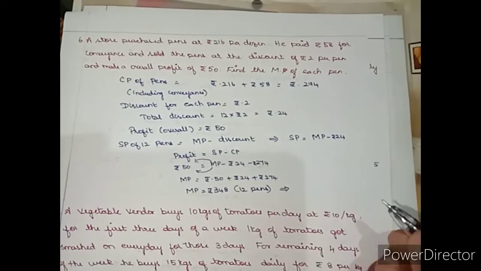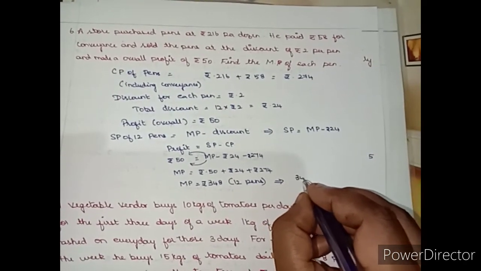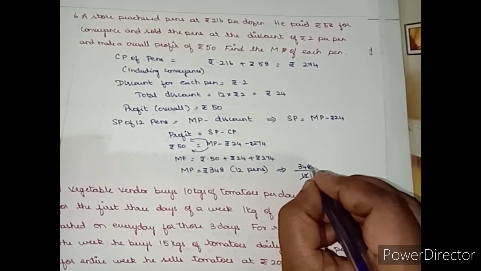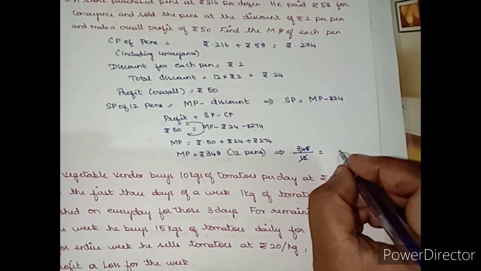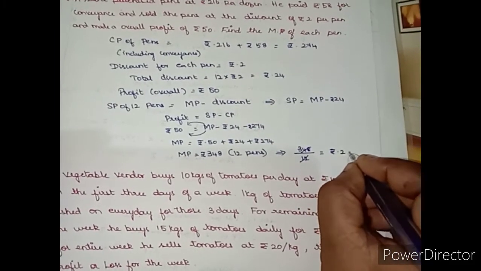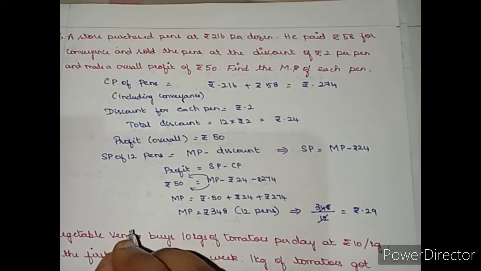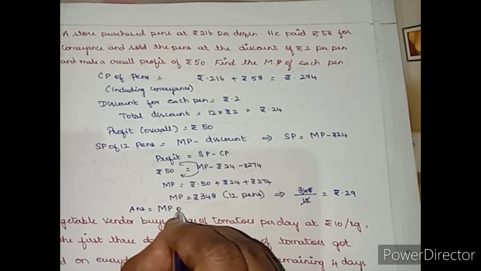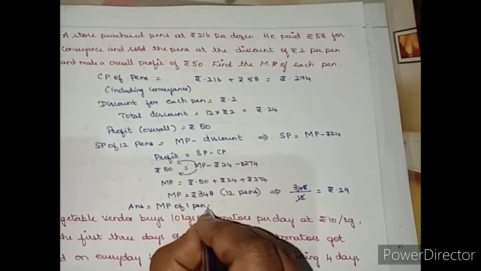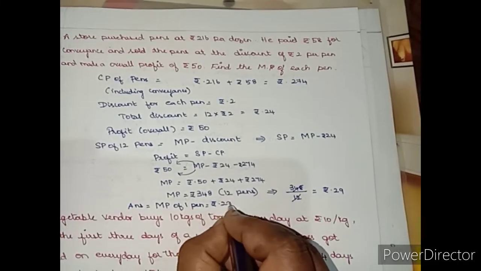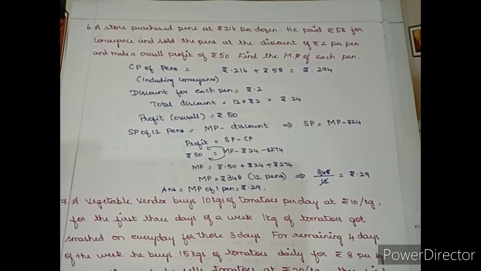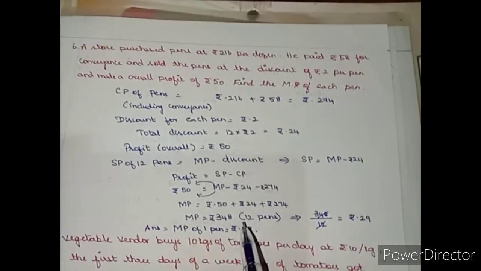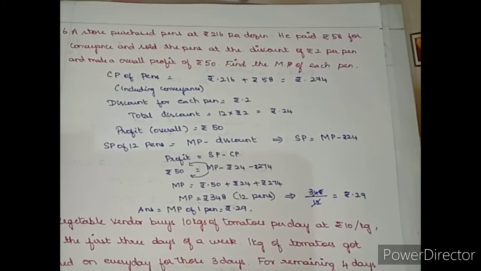So what you will do? 348 divided by 12. So when you divide, you get rupees 29. So what is the answer? The answer is MP of 1 pen is equal to rupees 29. Okay. If you do it again, if you do it with a step, you will easily understand. We'll go for the next question.